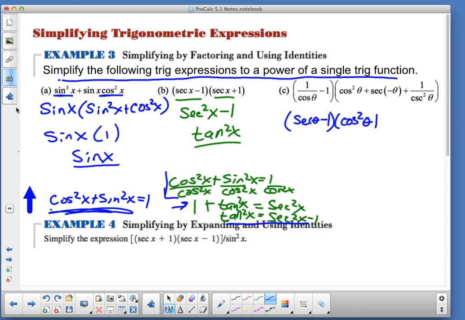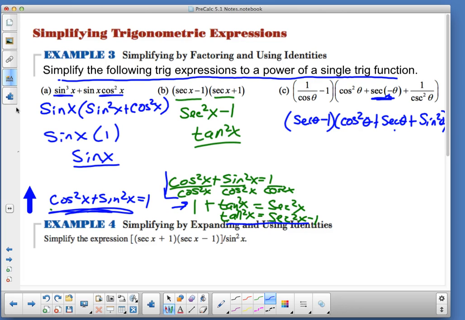Now plus secant theta, because remember secant's even, and with even functions I get to drop the negative inside. And then I've got cosecant squared theta, which is plus sine squared theta. Okay, so that's the first thing.